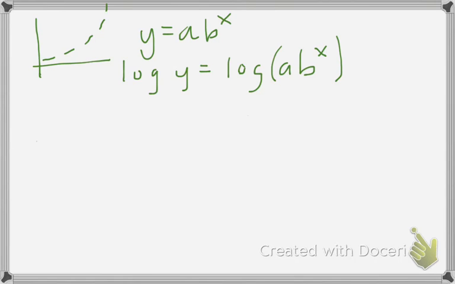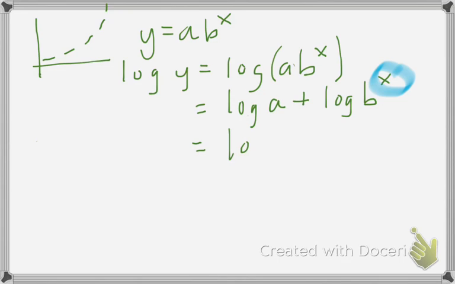Now with properties of logarithms, you can take this logarithm of a product and split it up into log of a plus log of b to the x. And furthermore, if you remember properties of logarithms, that exponent right there we can bring out in front. So now we have log a plus x times log b. Now, log a is just some value.